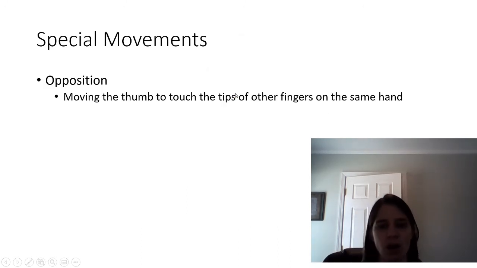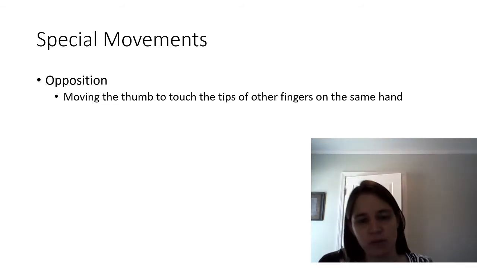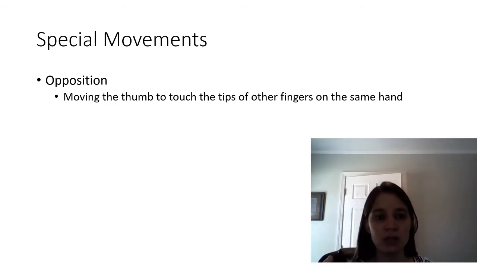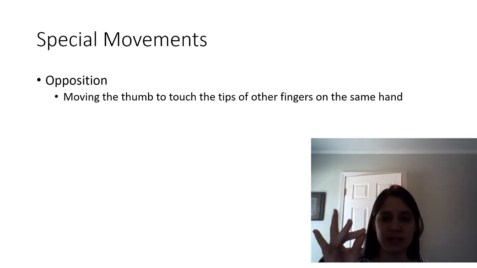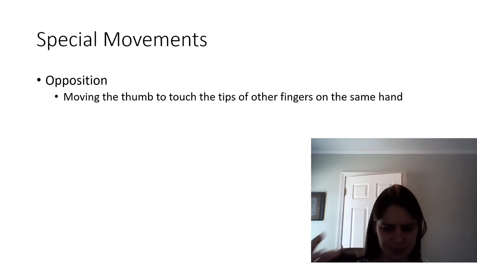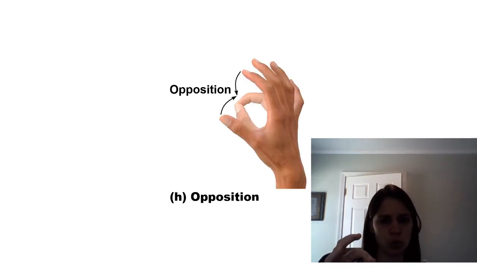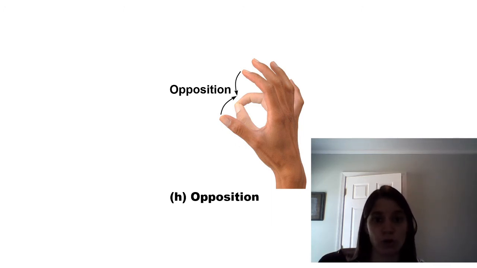One of the most "congratulations for being human" kinds of movement is called opposition, which is the ability to do this, where you can move your thumb to touch the fingers on the other hand. That is huge. You can't do that with your big toe, right?